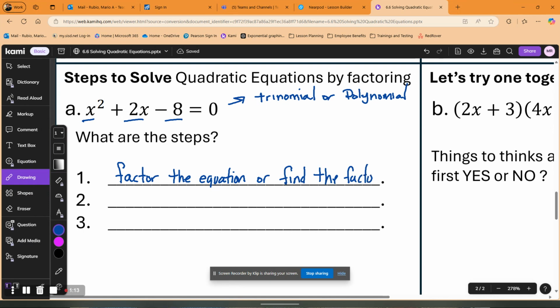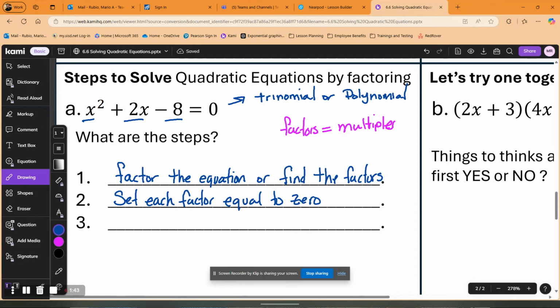Okay, and remember, I covered this a couple times already that I've said factors is just the same as multiples. Okay, and I'm going to show you how to do that here in a bit. Number 2 is, once we factor or find the factors, we're going to set each factor equal to 0.